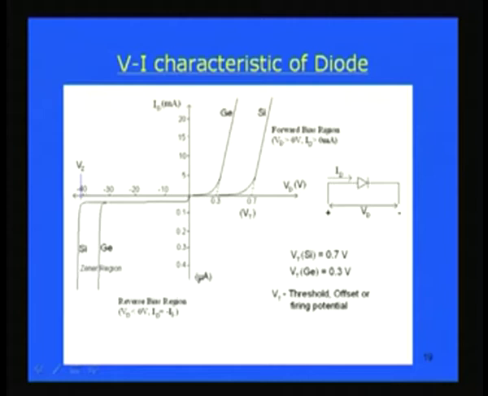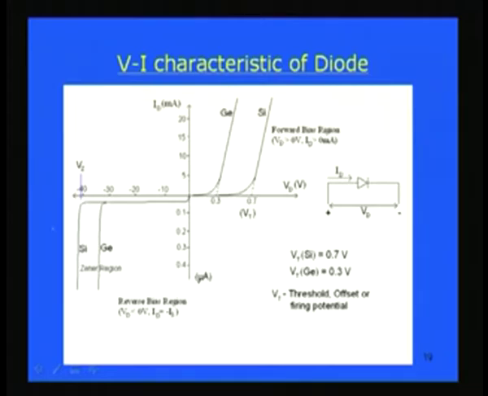It is like a chain process, so within a very short time you get an avalanche of carriers being produced. Suddenly there is a very sharp rise of current, which is known as avalanche breakdown, because of the very high kinetic energy gained by the electrons, which knock electrons out of the covalent bonds.